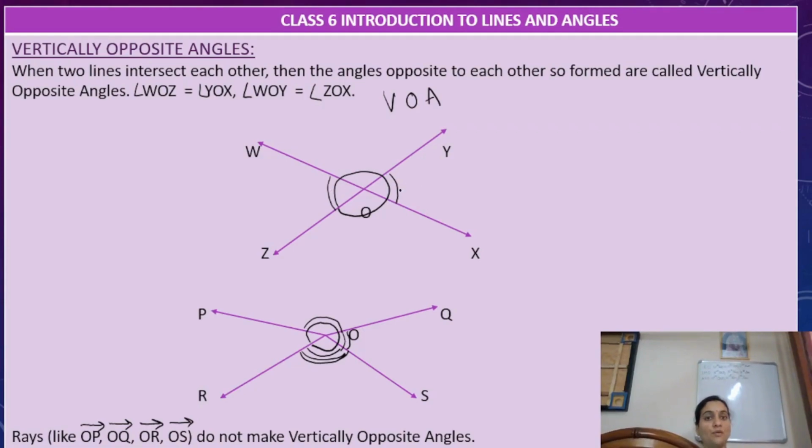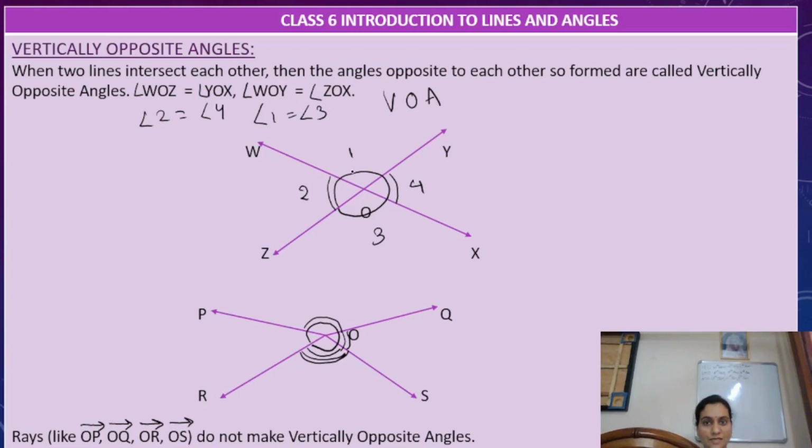That is how they are formed, and we always remember two vertically opposite angles are always equal to each other. Let's say this is angle 2, this is 1, this is 3 and 4. Here angle 2 will be equal to angle 4 in their measure, and angle 1 will be equal to angle 3.